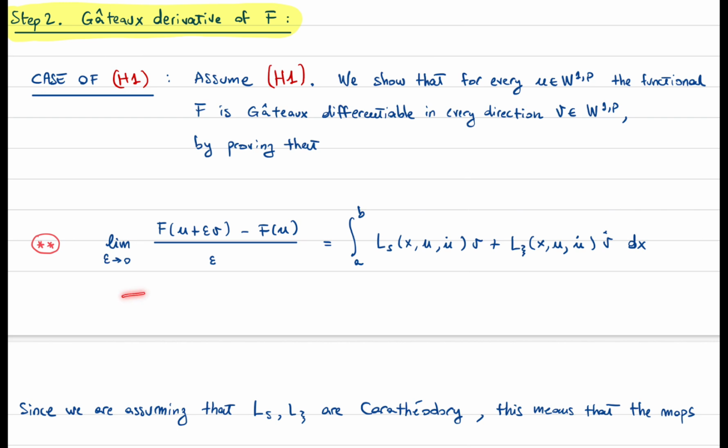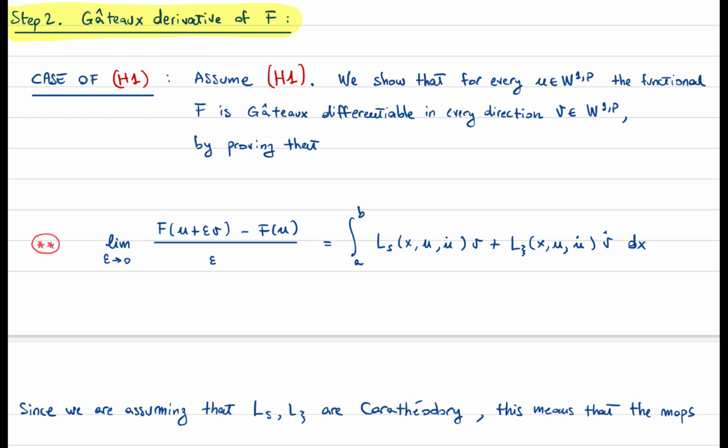So, the difference quotient for epsilon is this one. Remember that for computing the Gateaux derivative, we need to compute this limit, which is just the variation of F at u in direction v. And we claim that double star holds, so that this limit is equal to this integral here: L_s evaluated at the point u, where we are differentiating, times v, the direction, plus L_xi evaluated at the point u times v dot.